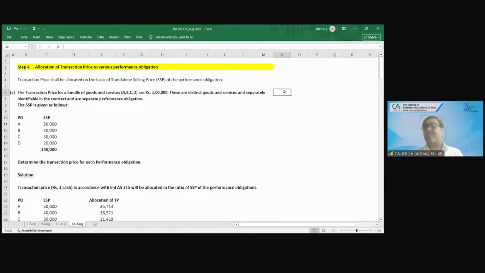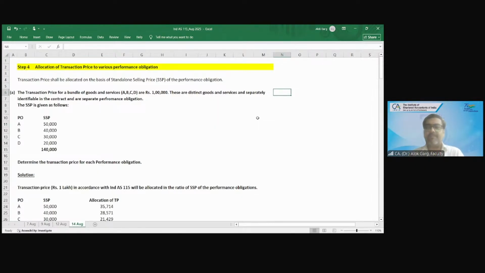What I have covered in this standard so far: I started the journey with the definition of revenue, contract, and customer. And I told you how revenue is different from income. Then I covered the scope paragraph of this standard. Then I covered the first step, identification of contract with the customer.